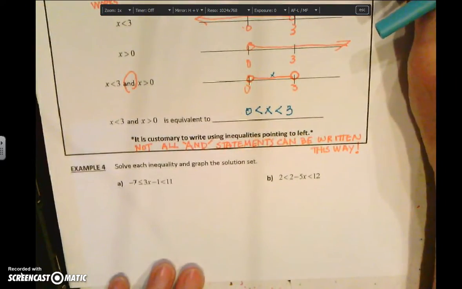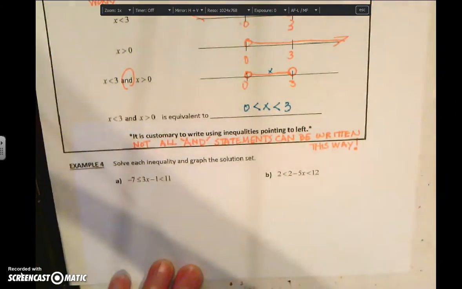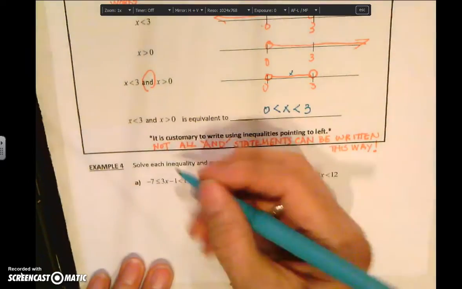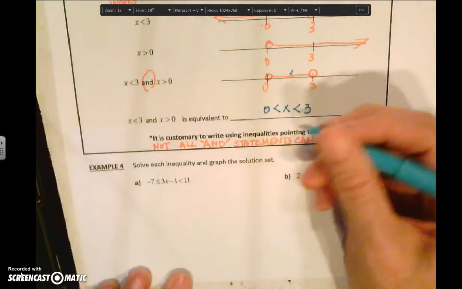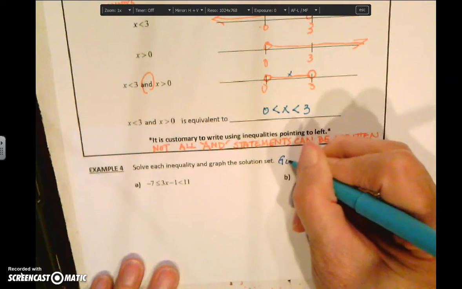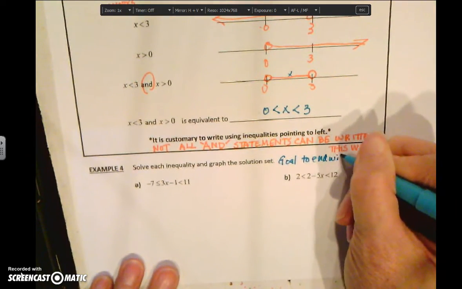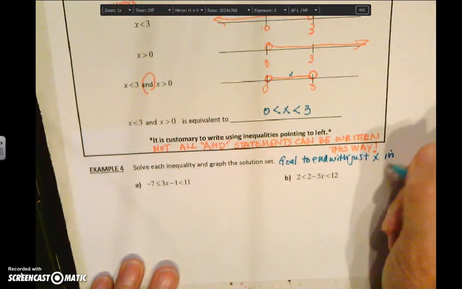All right, but say we do have an "and" statement that is written as a three-part inequality, then what we're going to do to solve it, really what our goal is, is to get an x in the middle. So here I'm going to say goal: to end with just x in the middle.